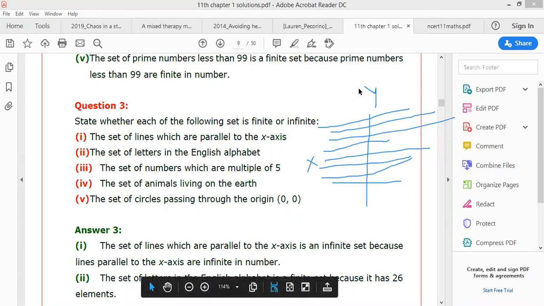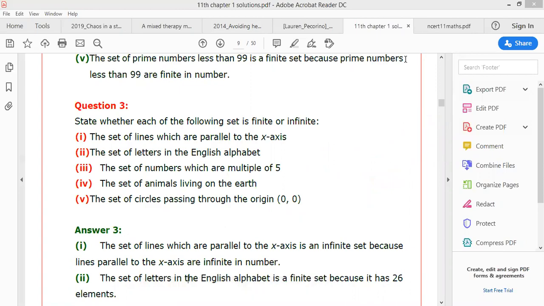So, the set of circles passing through the origin. To understand this, let's once again plot the xy plane. Here is the origin, this is 0, 0. So we have to draw the circles. They should pass through this origin. This is one such circle.